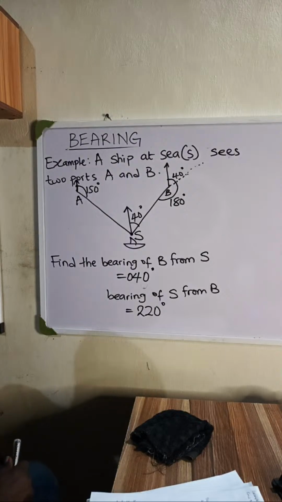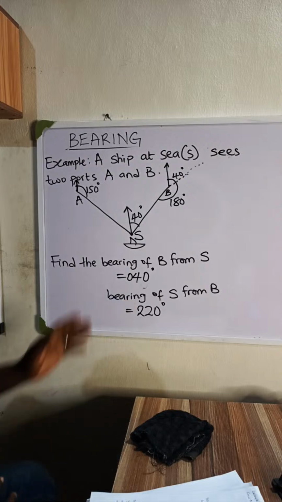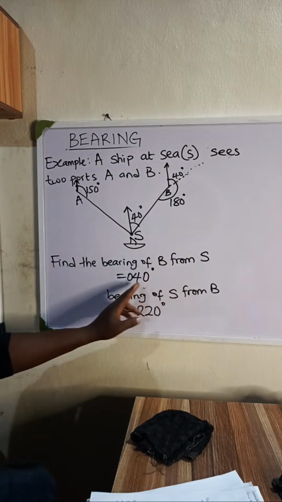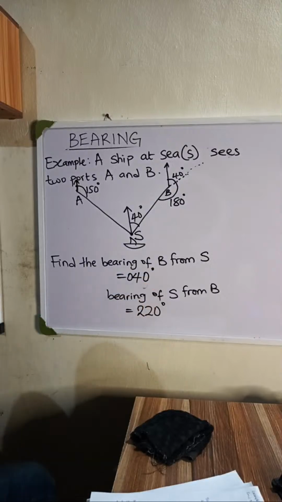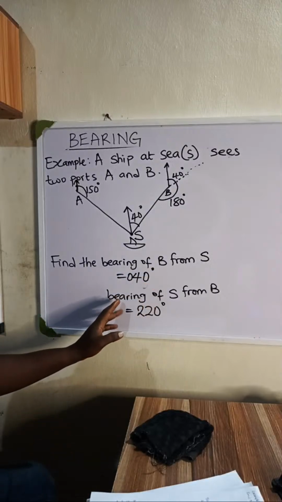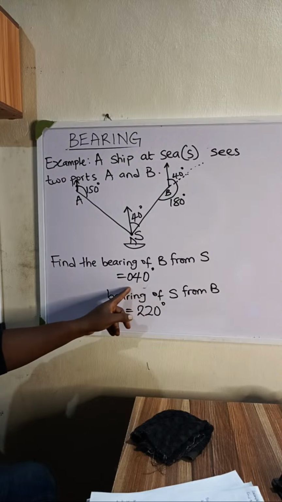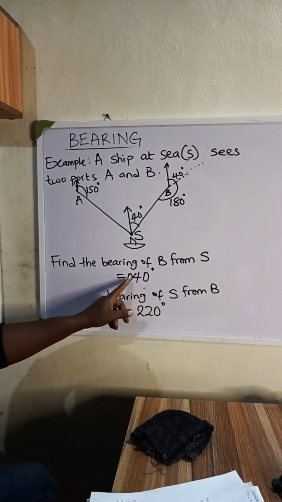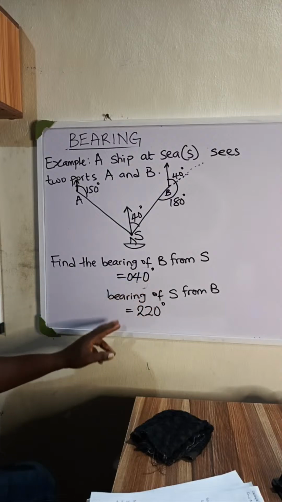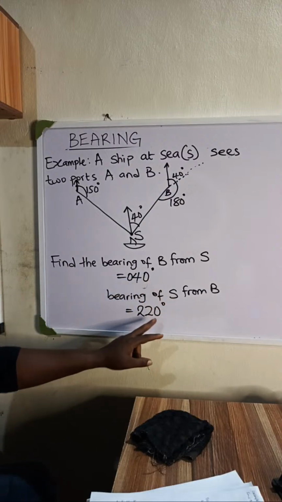So we've gotten that. B from S is 040 degrees. Remember, we have to make three digits, 040 degrees. And then S from B is 220 degrees.